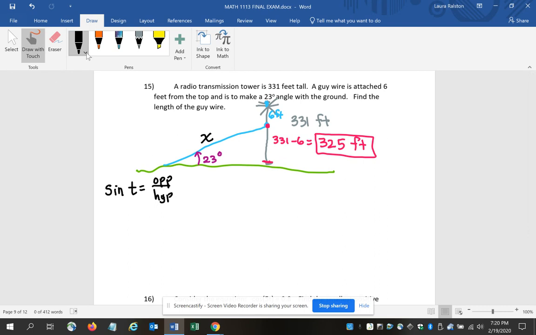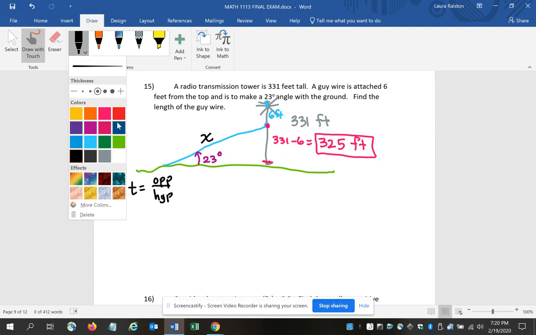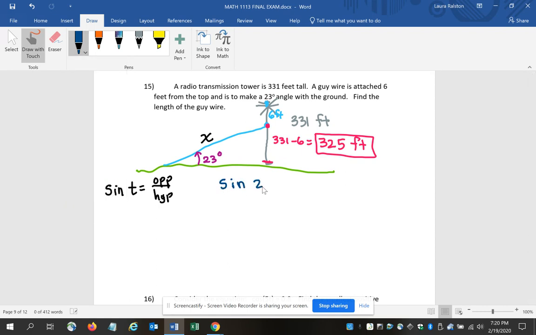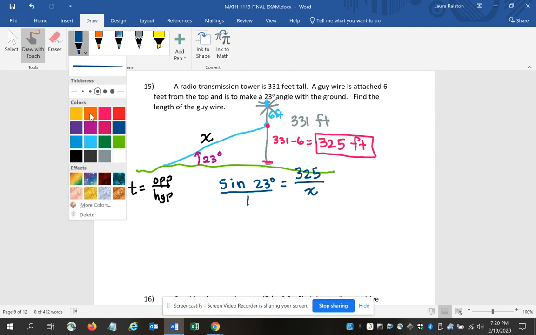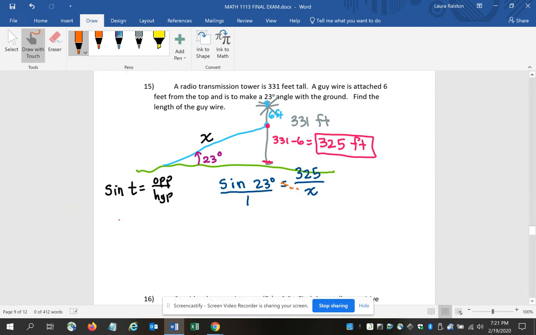So then I'm going to substitute into that equation the pieces of the problem that I know. So I know that the sine of 23 degrees is 325 over X. I'm going to put sine 23 degrees over 1, so that I have basically a fraction equal to a fraction, which we solve by cross multiplication. So I'm going to have X times the sine of 23 degrees equals 1 times 325.